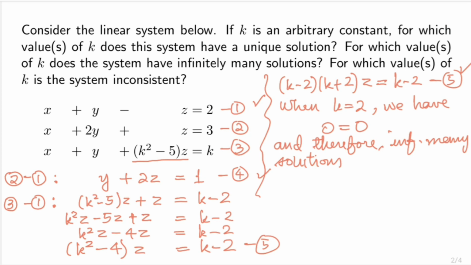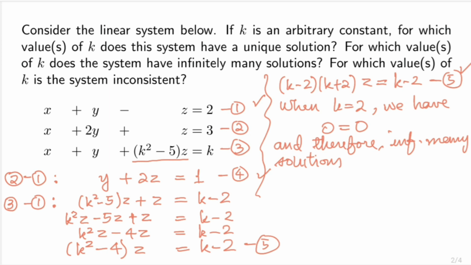What about when k equals, let's say, minus 2? I'm using minus 2 because when k is equal to minus 2, this value on the left hand side is going to make the entire left hand side 0. So that's what we need to investigate.